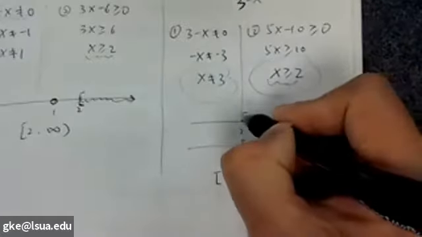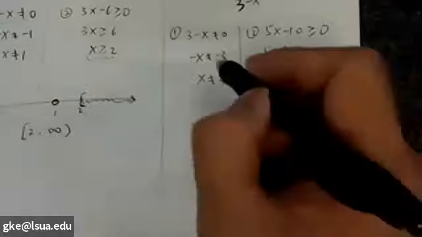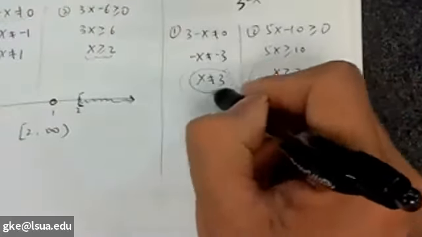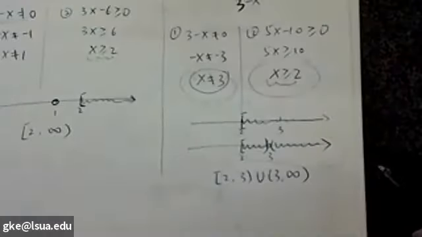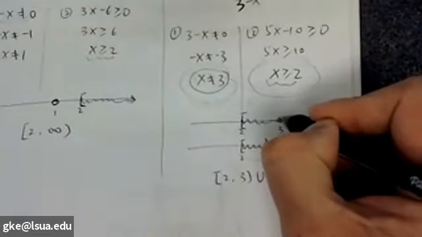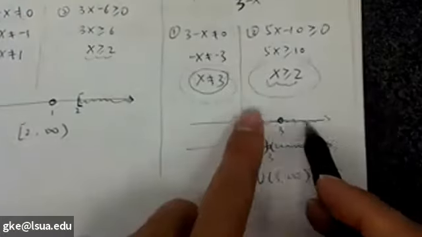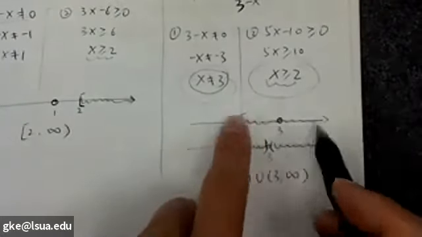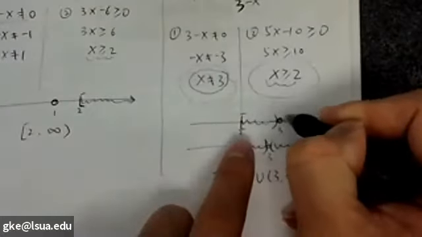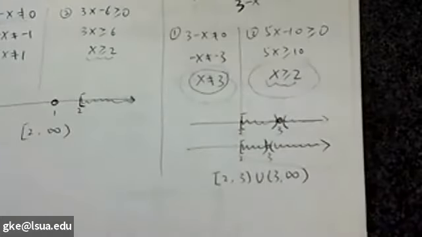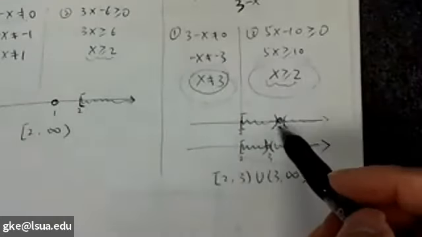So you can have it like that. And then you find that this guy is a breakpoint, x doesn't equal 3. So put a circle there. It's a breakpoint, so it breaks this part into 2 parts. Okay, that means it's not included.